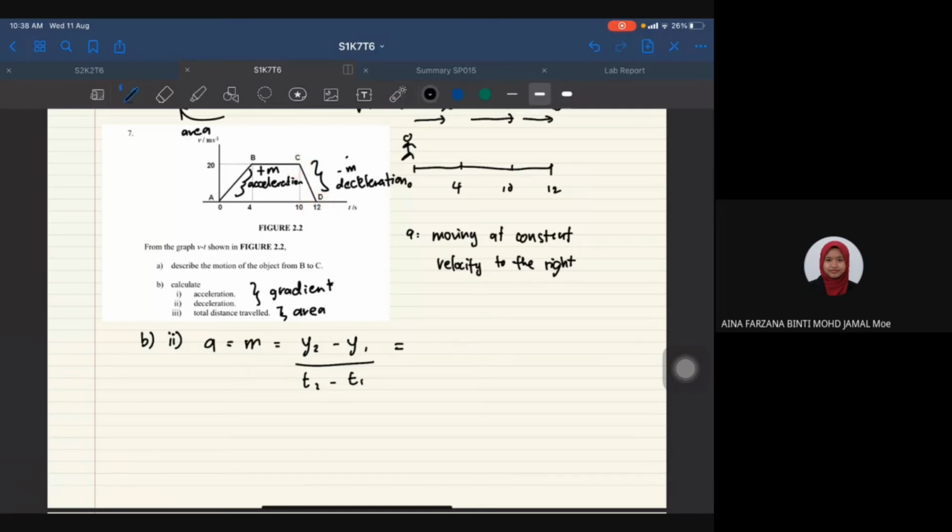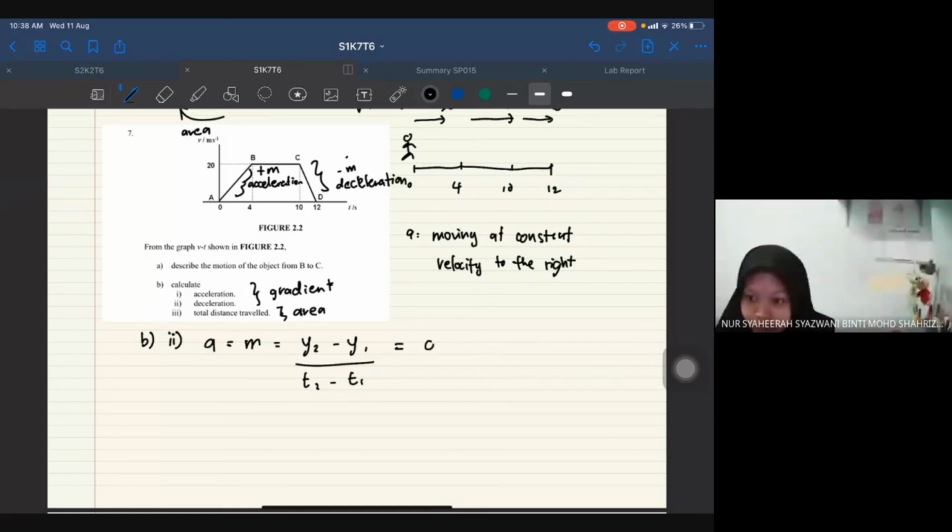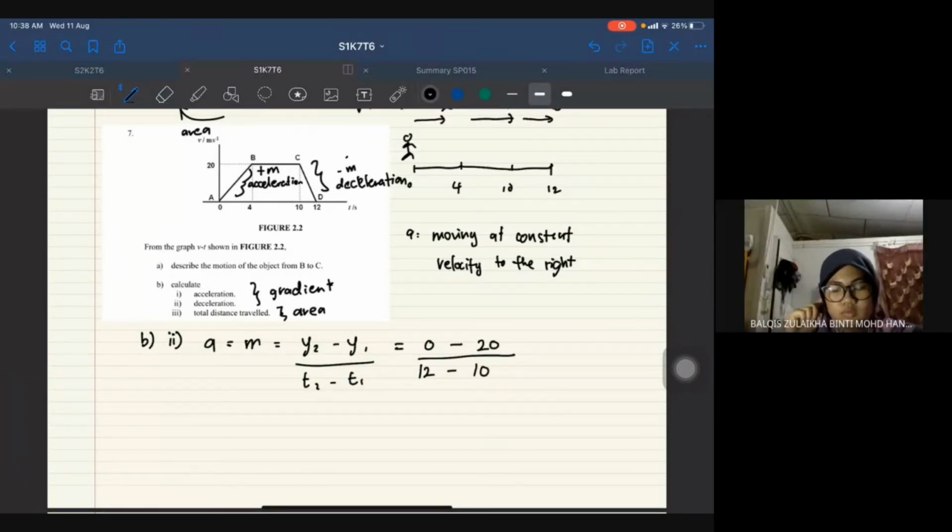So Y2 tu berapa, kelas? 0. 0 minus Y1 is 20. Good. T2 is equal to 12 minus 10. Okay, so it will be negative 20 divided by 2, which is negative 10.